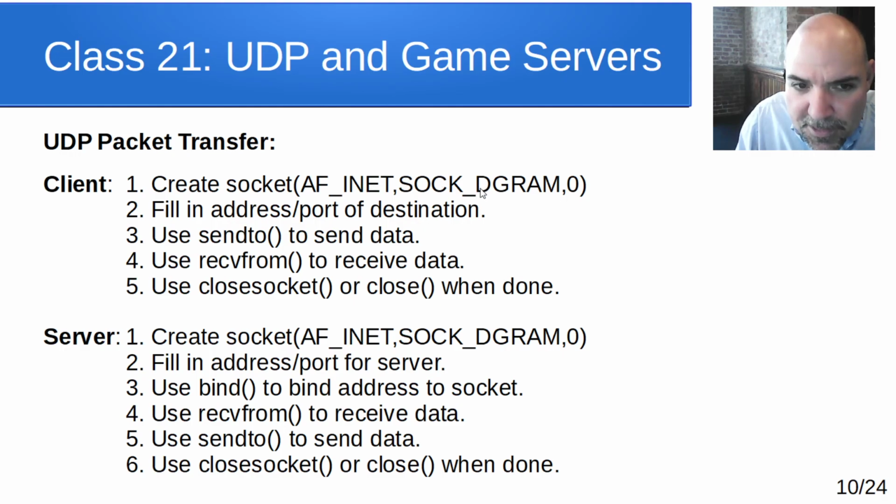So that's a difference there. Also, we then fill in the address and port of the destination into some sort of address structure. And then we use sendto to send data, recvfrom to receive data from that socket. And then we use close socket or close when we're done with it.